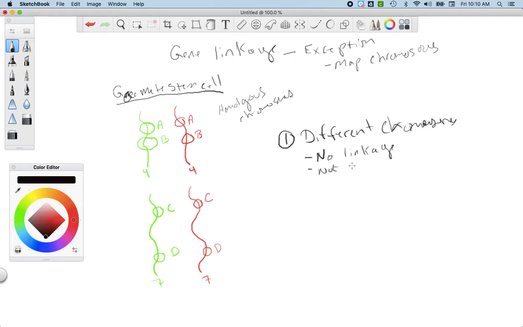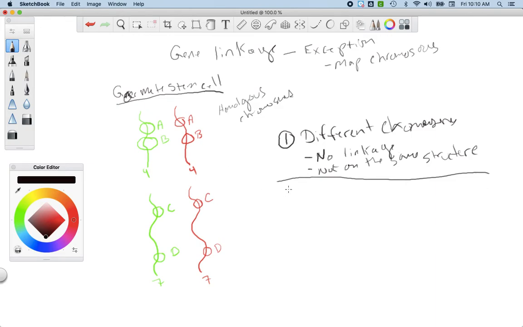You're not on the same structure. You're going to follow the law of independent assortment. You're going to follow the law of segregation. They're not on the same structure. They can't be linked together.